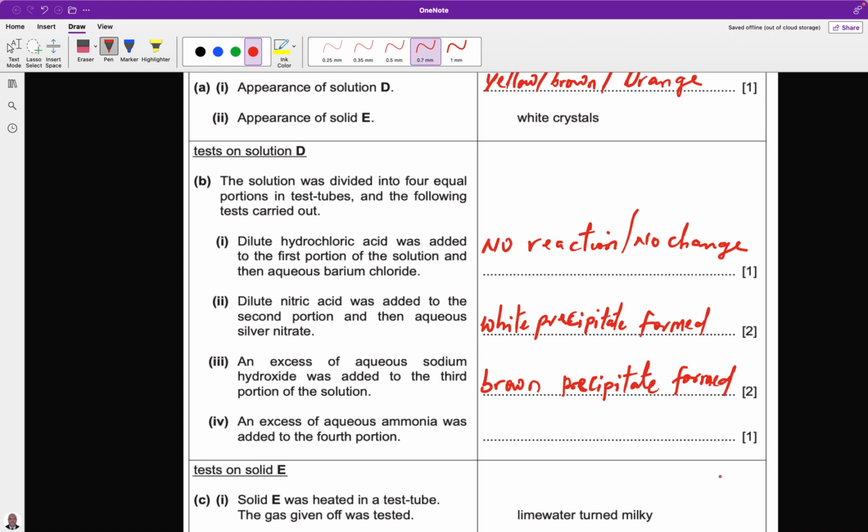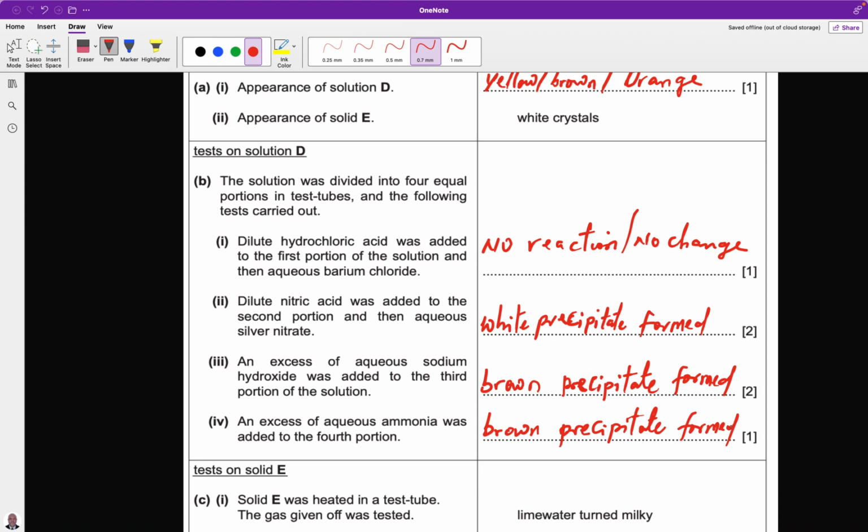There will also be a brown precipitate with ammonia solution. Brown precipitate formed.